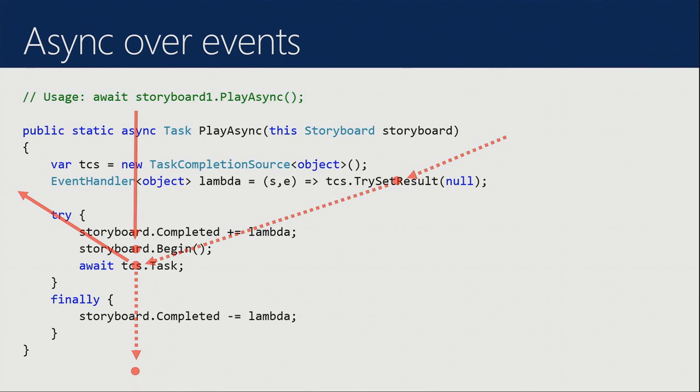It's very simple, but you kind of need to know the trick. The task completion source is super for creating your own tasks. The async feature is great for when you have other async methods and you just want to compose the calling of them. There are tons of async methods in the libraries, right? If you want to create some more complex async thing out of those, the async feature is great for that.